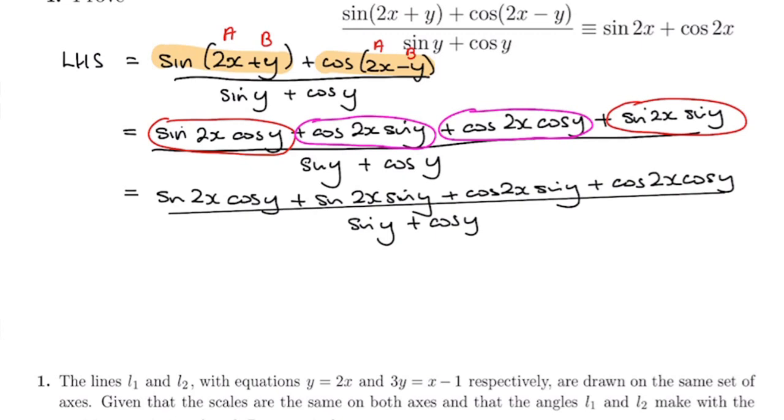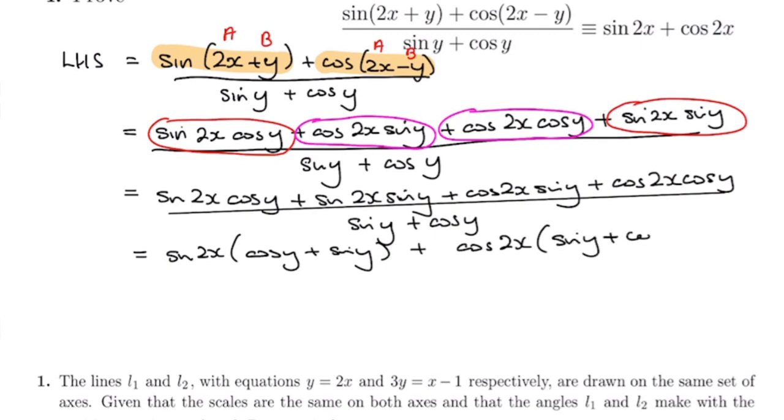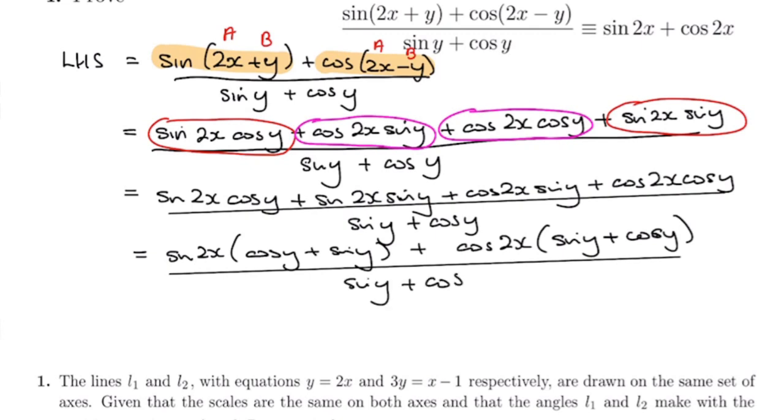If you notice the first two terms in the numerator, I can pull out sine 2x as a common factor. So I get cos y plus sine y, and then pull out cos 2x as a common factor from the second two. So I get sine y plus cos y. And again, that's all over sine y plus cos y.